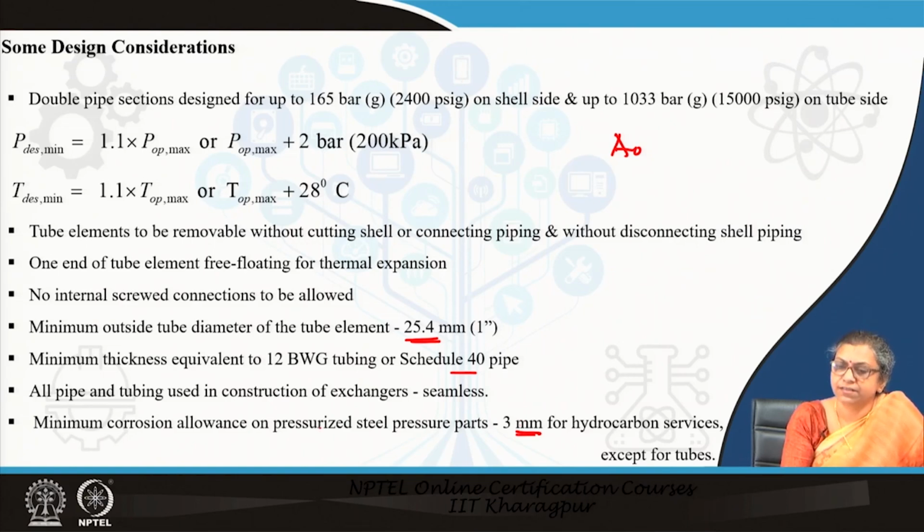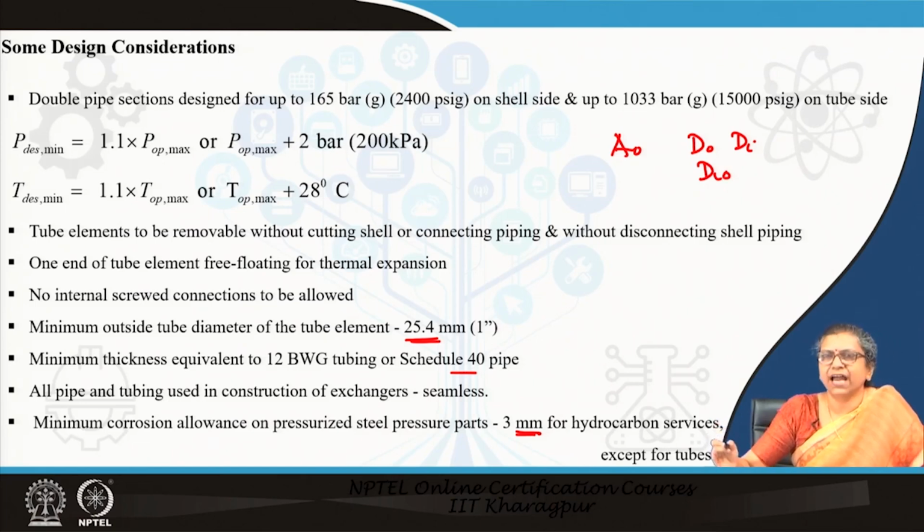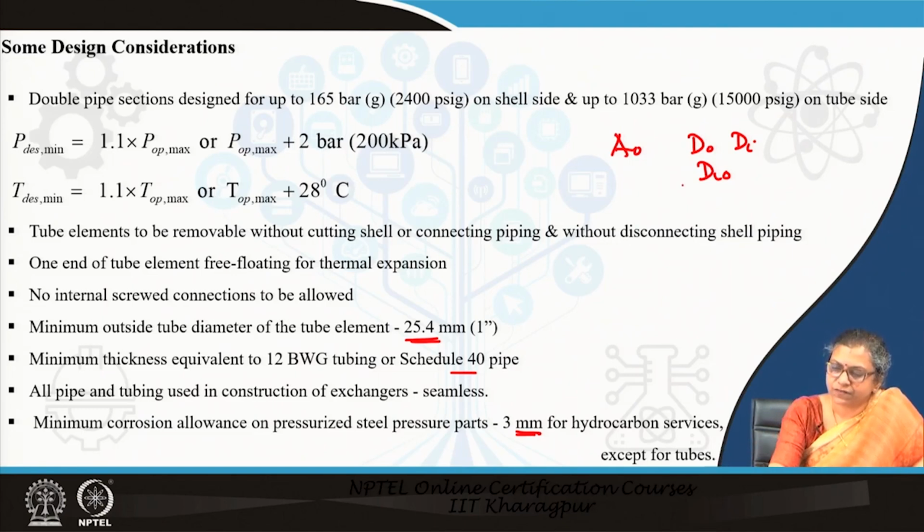Such guidance is there, based on which you can select the tube diameters. Again, remember, you have to refer to codes to select the inner tube diameter and also the outer tube diameter. Generally, the lengths are also standard. Generally, they come in 6 meters or 3 meters length. So, once you have selected this, you can find out the length. The total length divided by the length of each section gives the number of hairpins that you require.